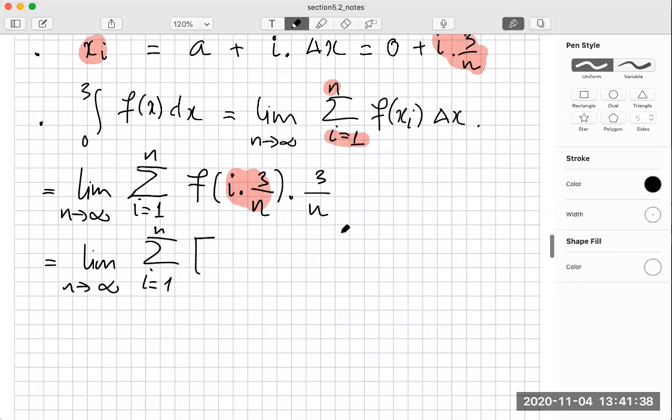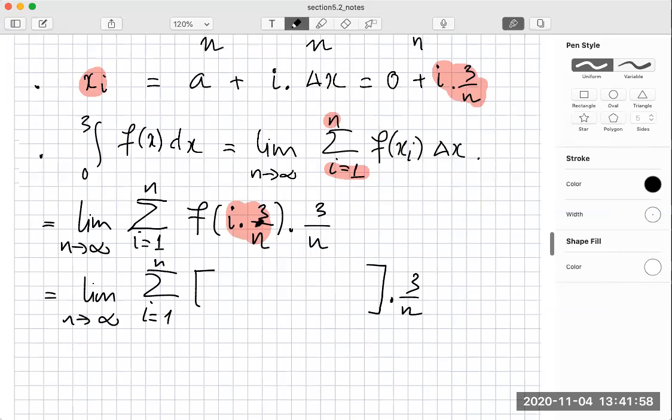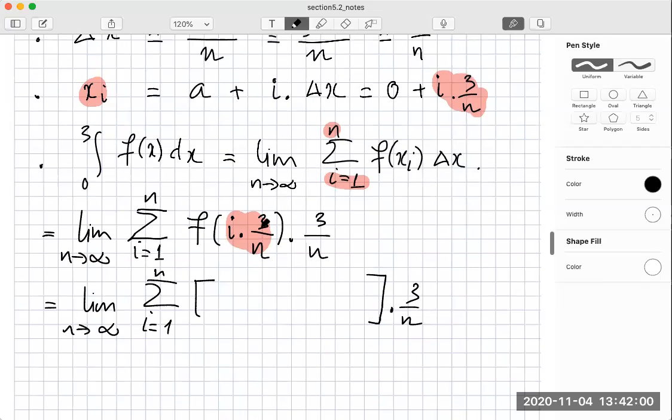And what is it here? What is the value of f of i times 3 over n?